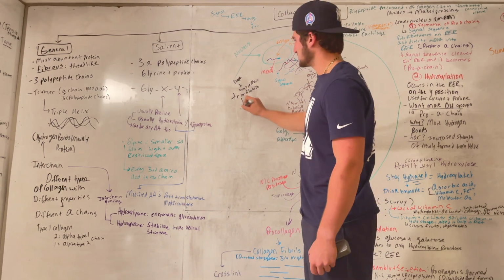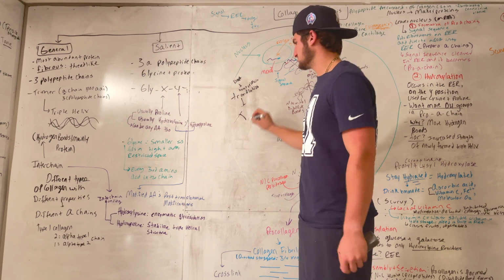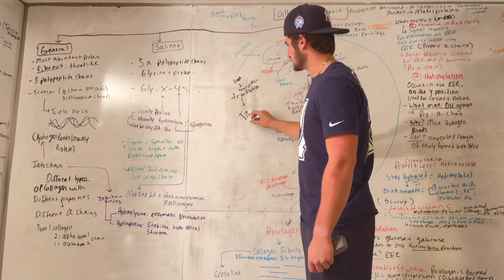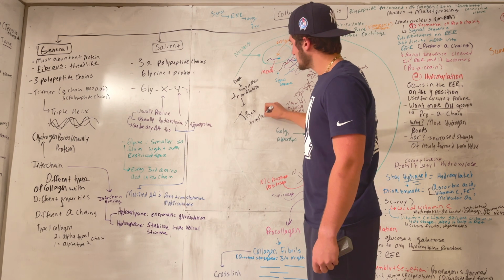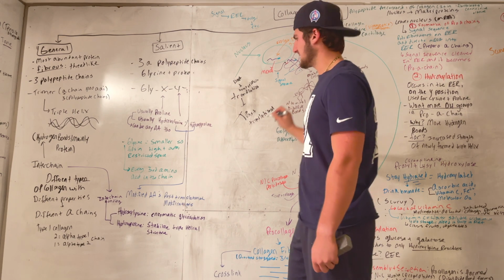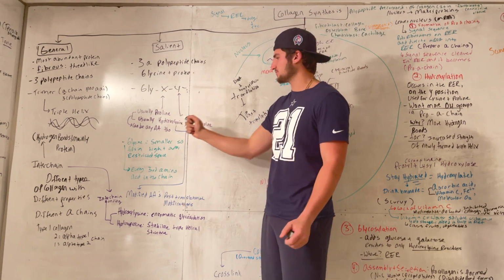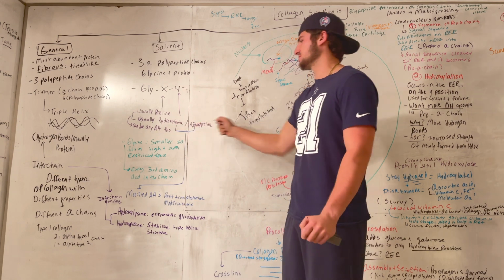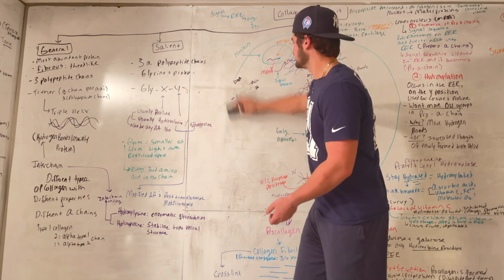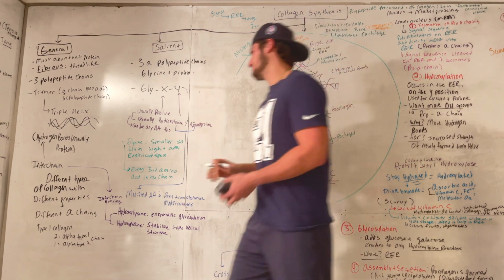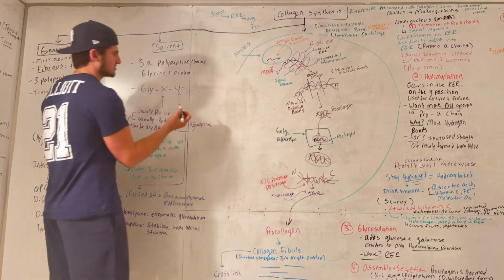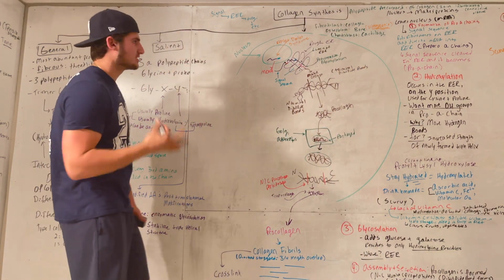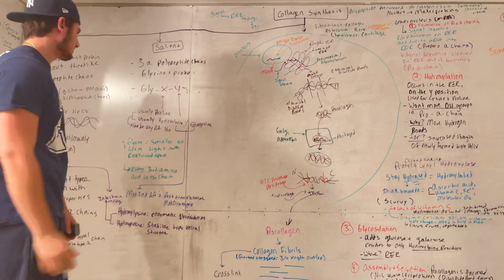And after translation, we could do different modifications. This is post-translational modifications. Post-translational modifications is how we're going to form hydroxylysine and hydroxyproline. Okay. So why is that important? These amino acids also aid in the triple helix structure of the collagen.